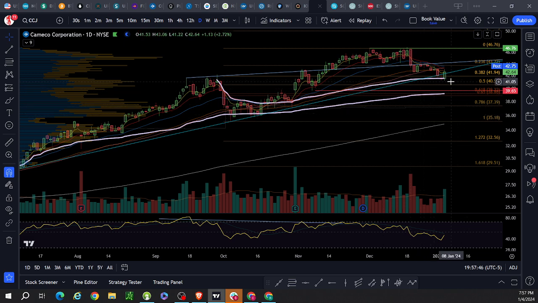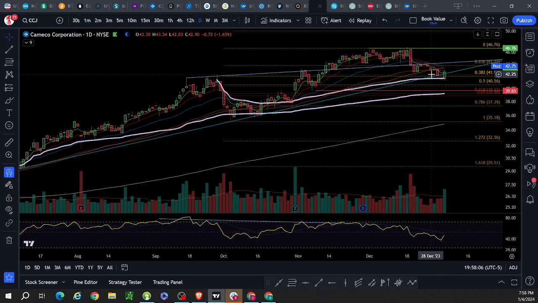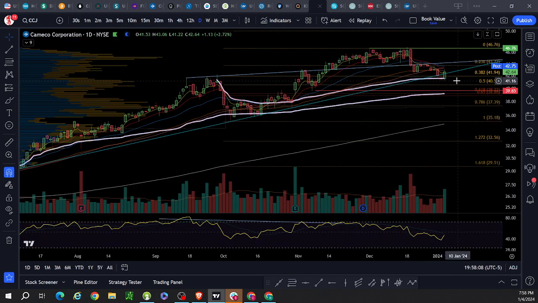The double bottom with the confluence of supports and the hourly trend change with the 4-hour bull flag tells me, when people say you can't catch bottoms, this is how you catch a bottom. It might not be the actual bottom, but it's worth taking a stab because for me, it's a very low risk play because I have a defined level.